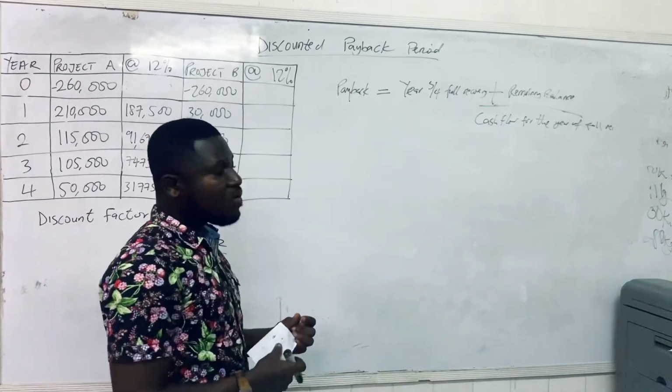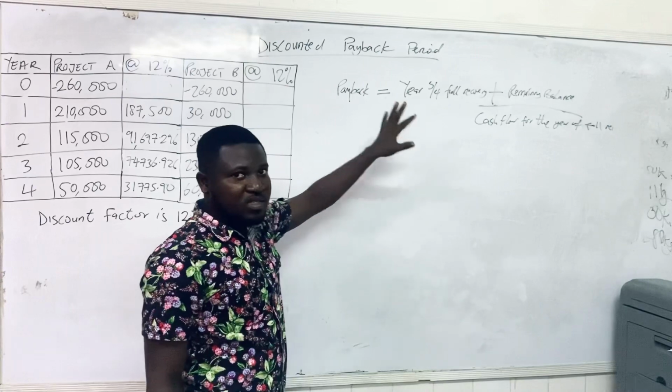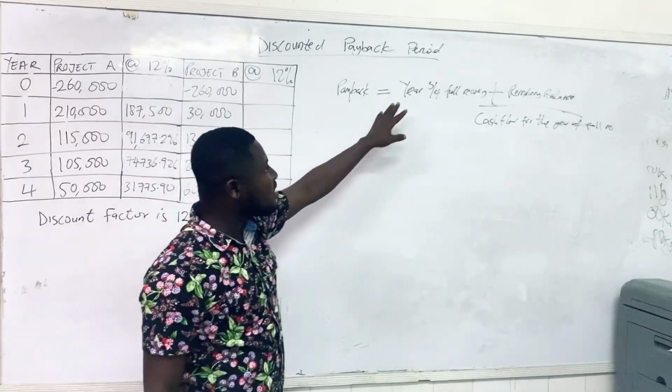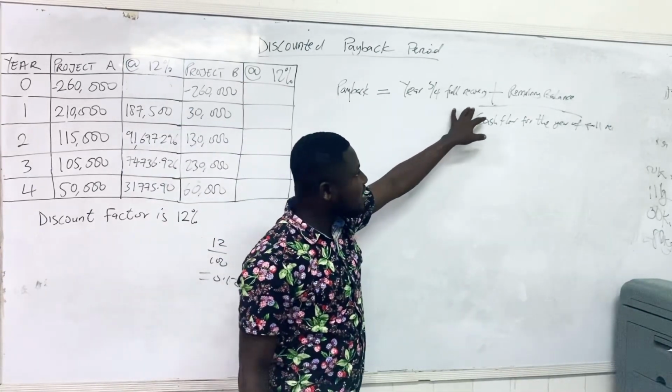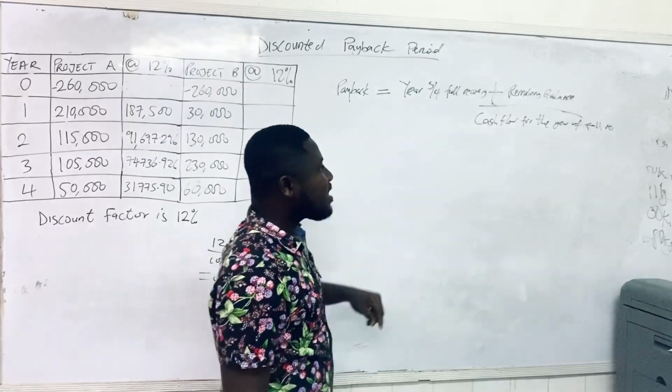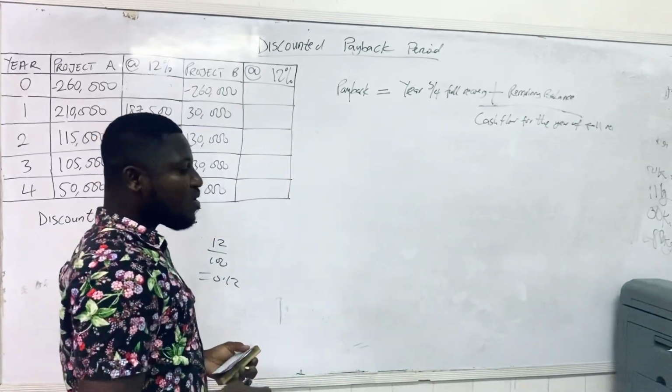Remember, we are using the same formula as for the simple payback period. We stated it in the previous video: the year before full recovery plus the remaining balance divided by the cash flow for the year of full recovery.